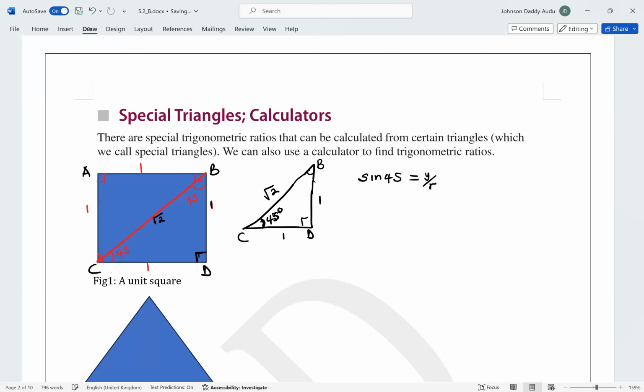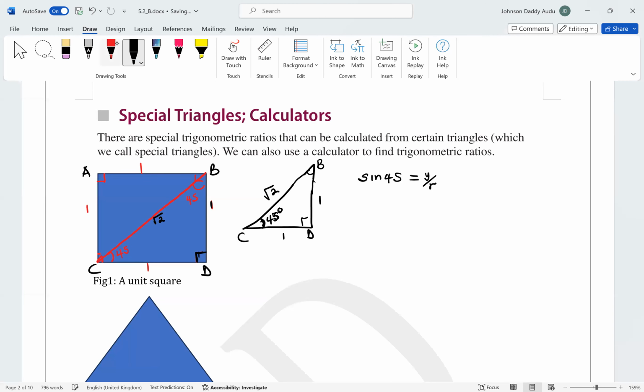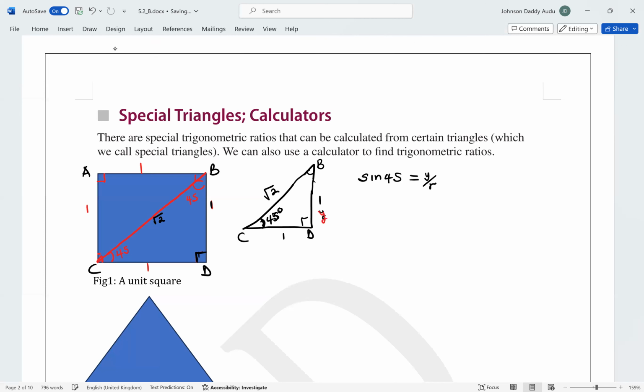Y is going to be the opposite, x is the adjacent, and this is going to be r. So y over r is simply 1 over root 2. And from here, we can also get cosec 45 degrees, which is root 2.